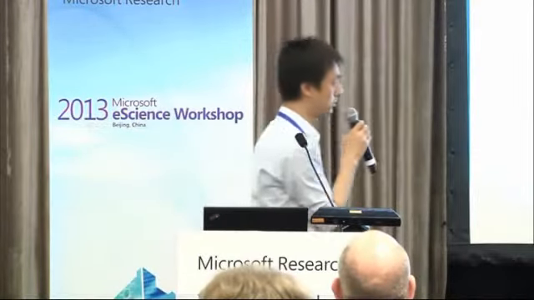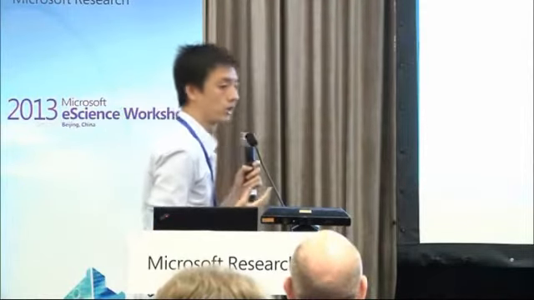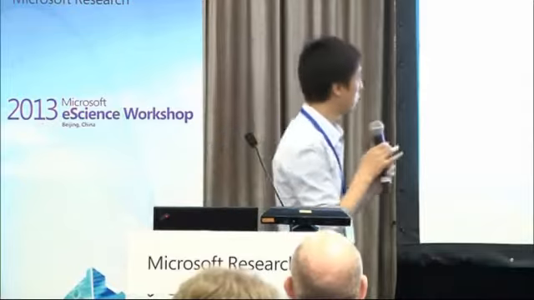Our Kinect sensor provides the following raw data streams: the color stream, depth stream, and the audio stream. We also have the infrared stream and the accelerometer stream. And based on the raw data streams, Kinect for Windows SDK provides the following three recognition streams.